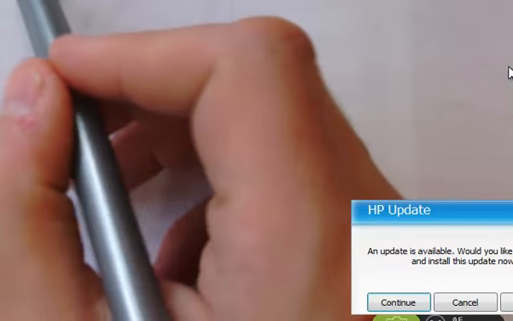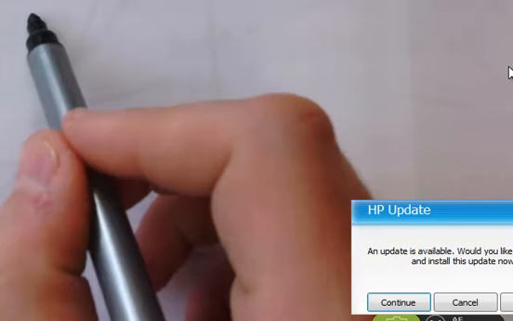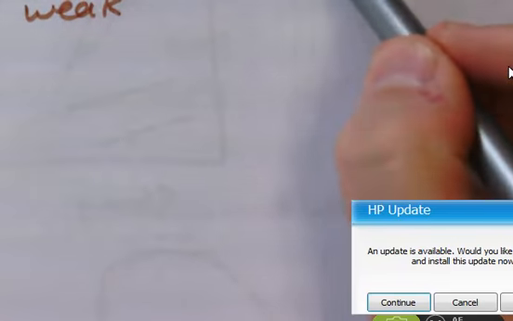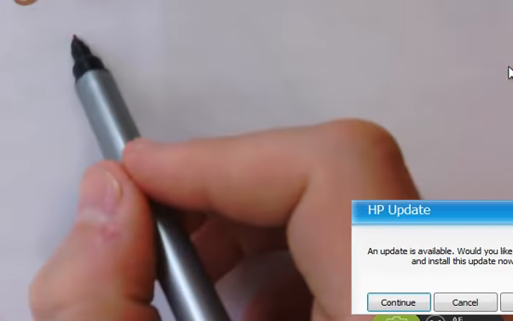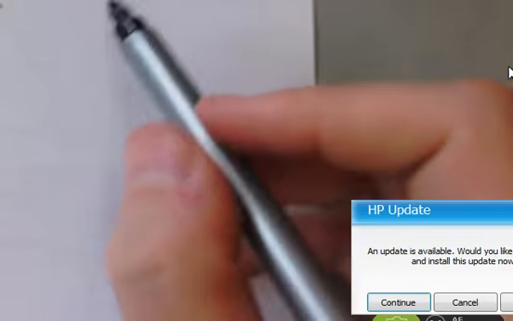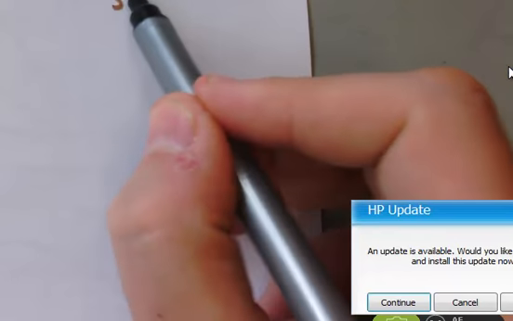If we go from 0 to 0.25, this is what we would say is weak. If we go from 0.25 to about 0.75, we'd say this is moderate. And if we go from 0.75 to 1, we'd say that this is strong.